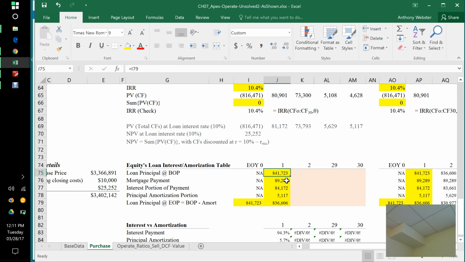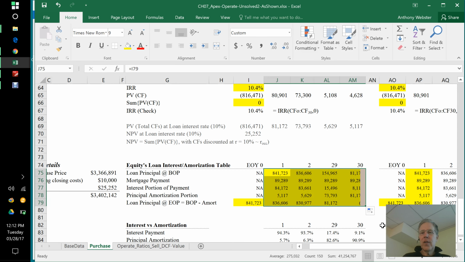Zero, right? Because it's an amortizing loan. So at the end of the loan period, you've amortized it all. You've paid off all your principal. So it should be zero. So let's pull it across and see what we get here. And there we go. We have zero.